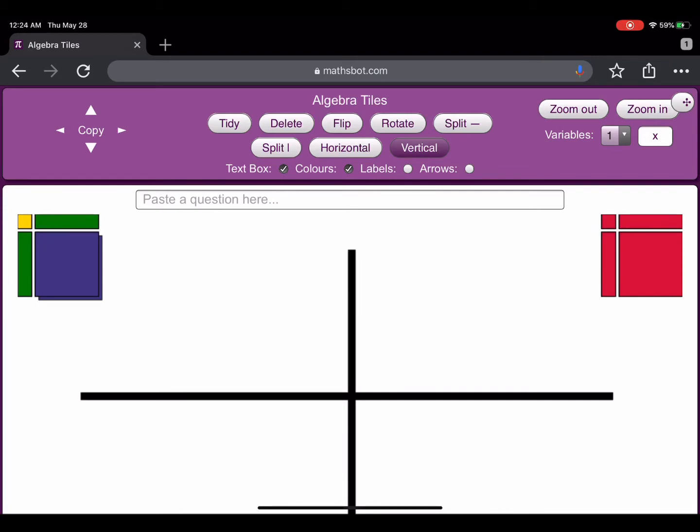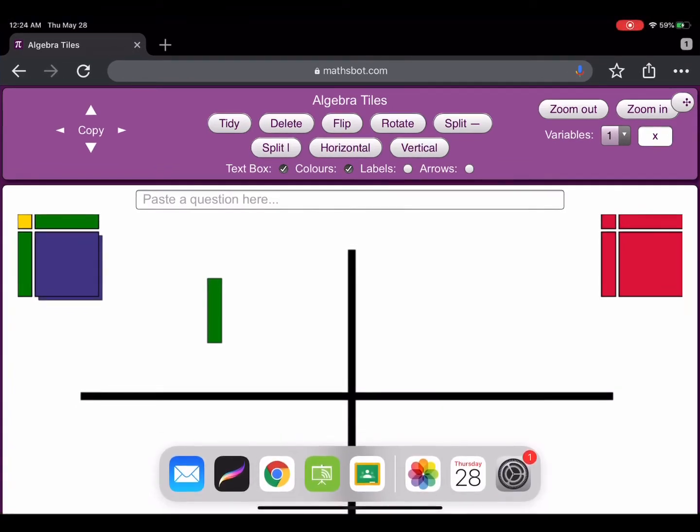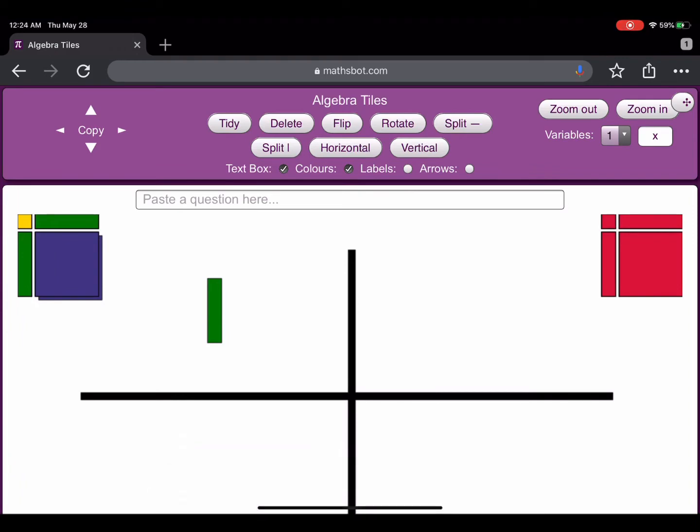Now, let's quickly go through what these mean here. These are our variables, okay? So variable just means whatever number we don't know. So in this particular case, x is the variable. We don't know what x is, we want to find it out. And in our case, this x is positive.